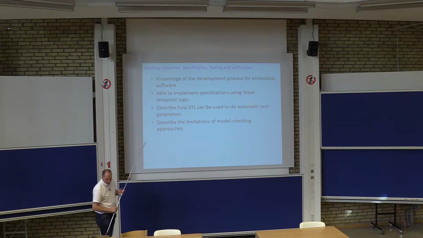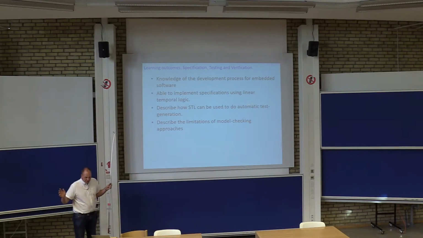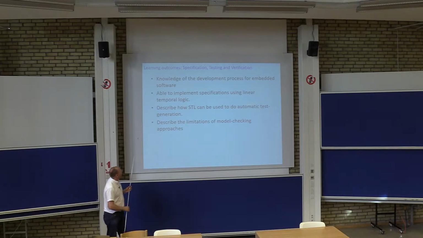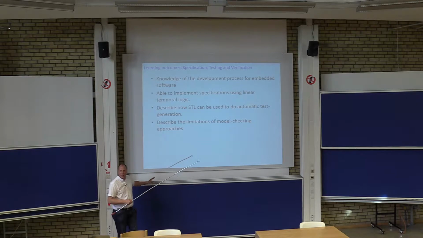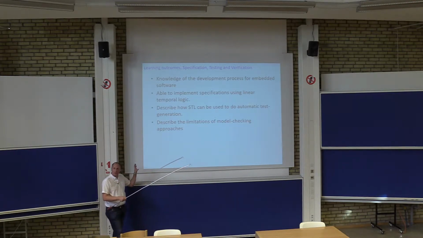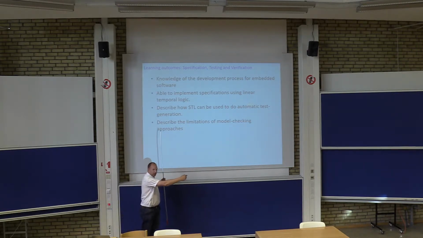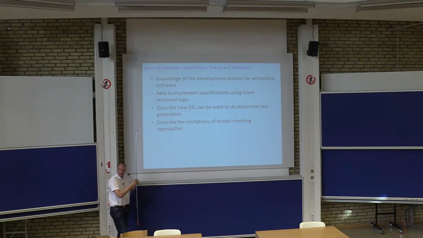So with testing, you assume you can simulate the system, and then you can get the outputs, and then you can evaluate the outputs with respect to the specifications that you have. The trick that Johan was doing was automatic test case generation, and that means that you basically make a guess on the inputs, and then you simulate the system, get the output, check with your specifications, and then you apply an optimization procedure.